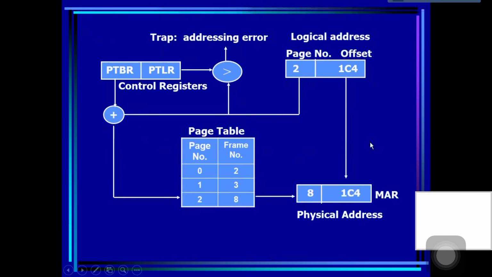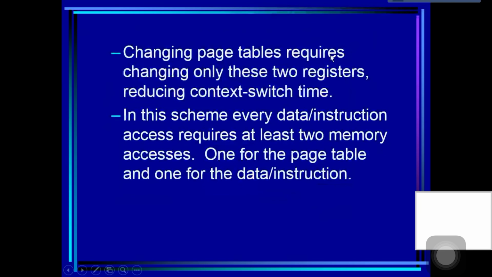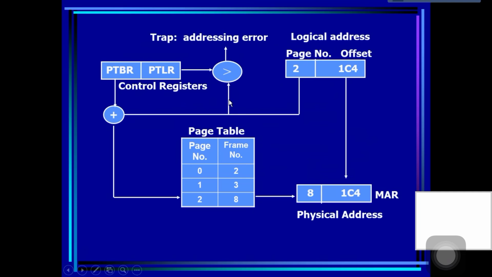Okay, so this is the address binding step. Changing page tables requires changing only these two registers, reducing context switch time. So we find that when the dispatcher is told to execute another process, during context switch, the operating system has to reload the contents of these two special registers.